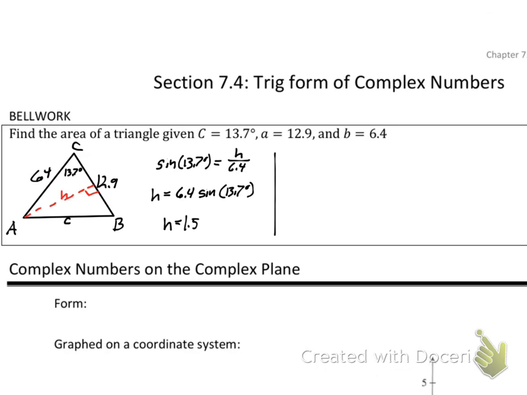And then if you did half your base, our base was 12.9, times the height, which is 1.5, you're still going to come out with that answer of 9.7 being about your area. Okay, both methods are the exact same.